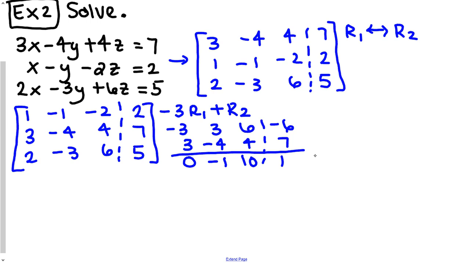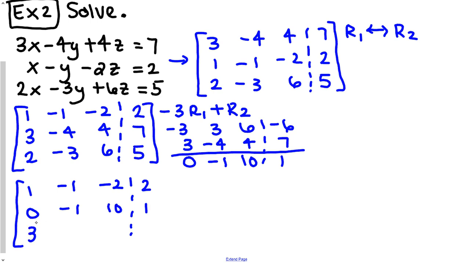There is my new row 2. So my matrix is 1, negative 1, negative 2, 2. Row 2, 0, negative 1, 10, 1. And my row 3, 2, negative 3, 6, and 5.